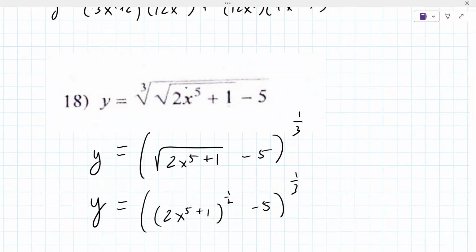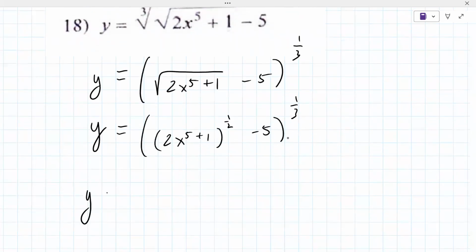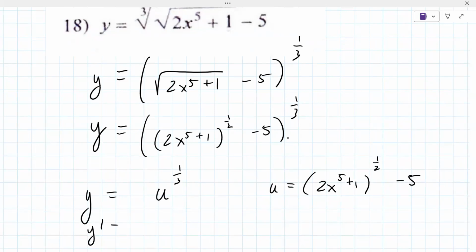So the outermost function here is the exponent, so that's your first thing you're doing for the derivative. What you're really doing here is writing this as u to the 1/3, where u is all the stuff inside the parentheses. So your derivative is 1/3 u to the minus 2/3 times u prime.